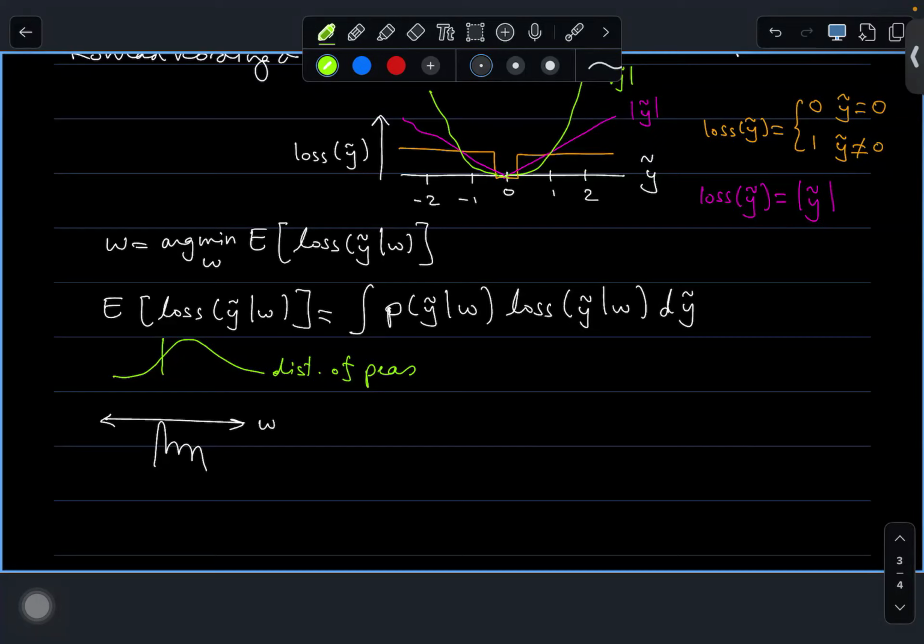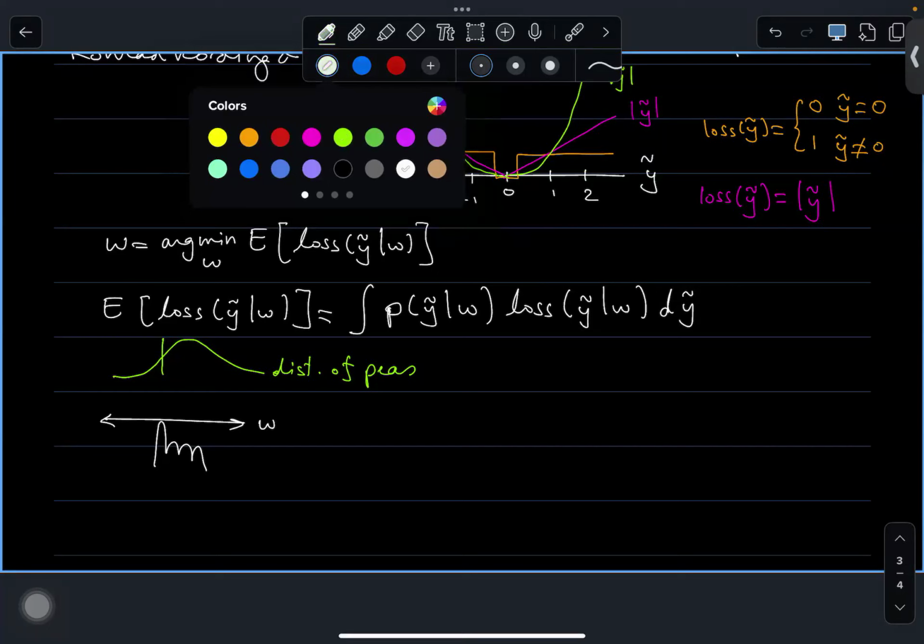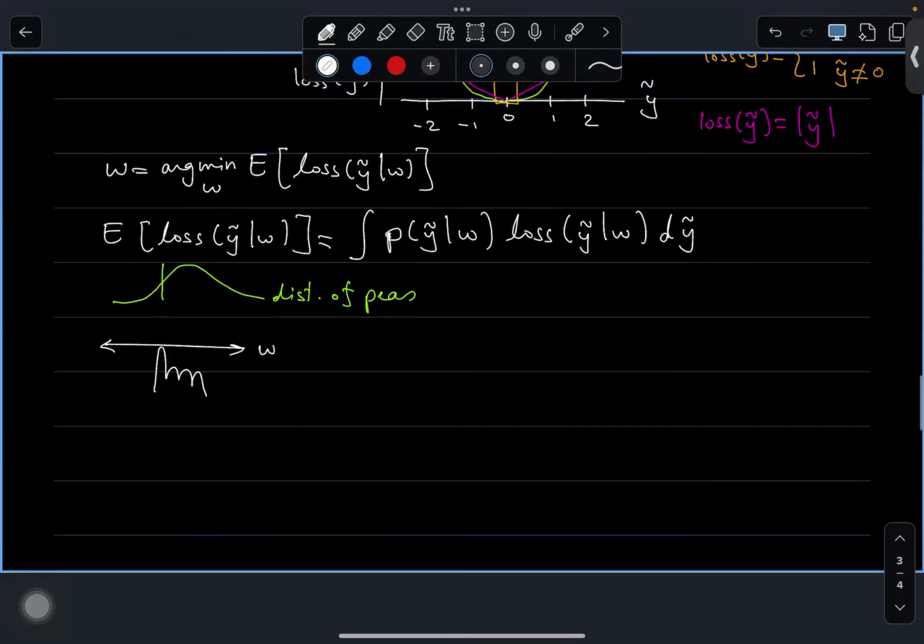So let me begin by giving you some intuition. W is what we're trying to find, and to do that, let's imagine how we might solve this problem. Suppose that I move my finger slightly to the left. Say this is W1, and over here is W2.